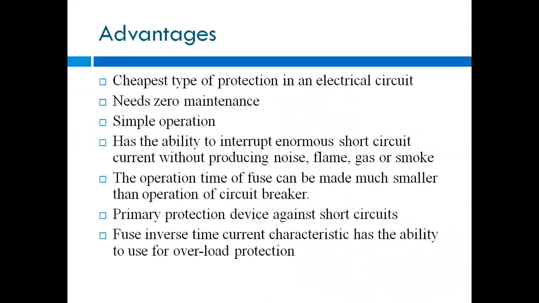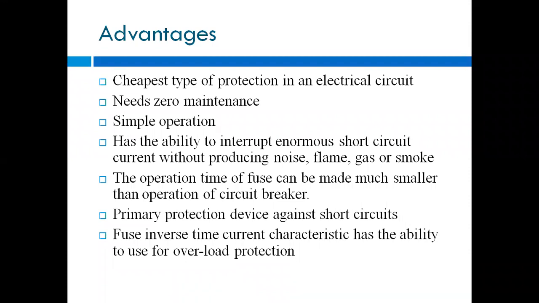Now the next is the advantages. There are a number of advantages of these fuses. First is the cheapest type of protection in an electrical circuit. If we compare other protective devices, for example, there are circuit breakers, then relays, then isolators. So many protective devices are there.